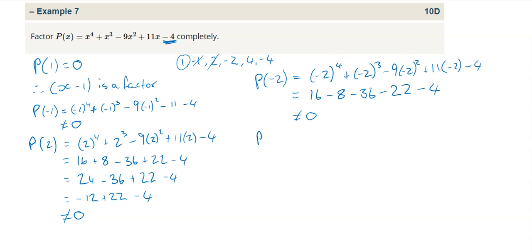Yeah, okay, so now P of 4, let's try. Oh, 4 to the power of 4. Plus 4 cubed minus 9 times 4 squared plus 11 times 4 minus 4.